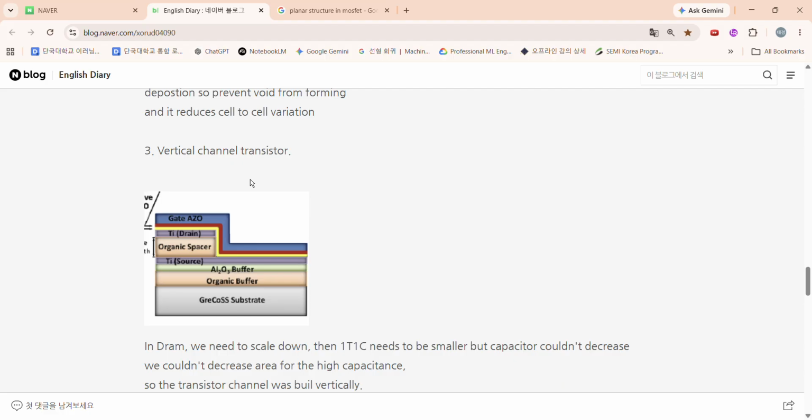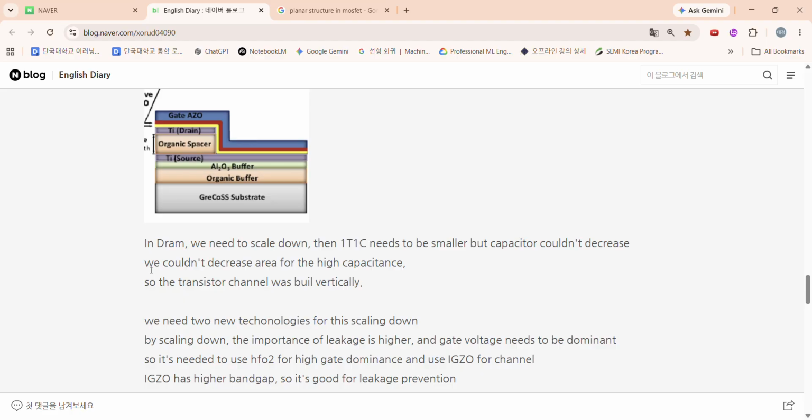But if the channel is laid in the horizontal direction, then it is not good for the area. So the solution is the vertical channel transistor.